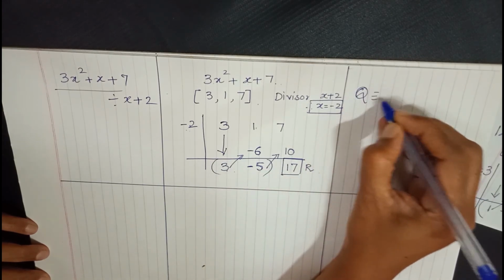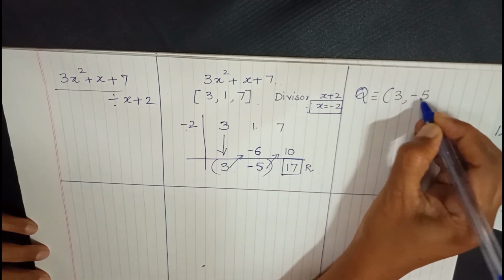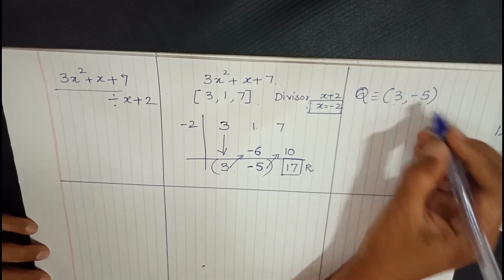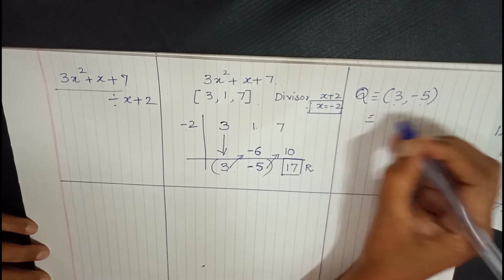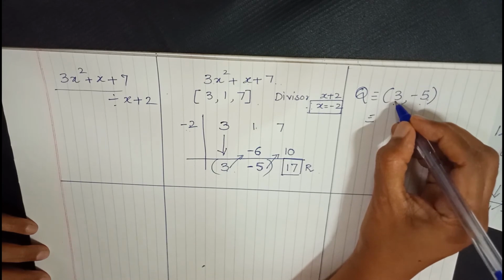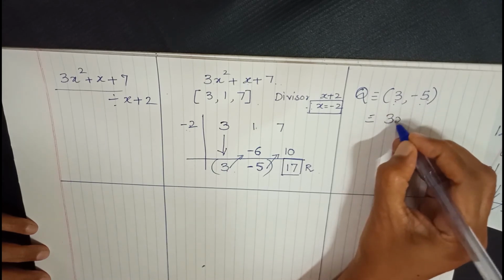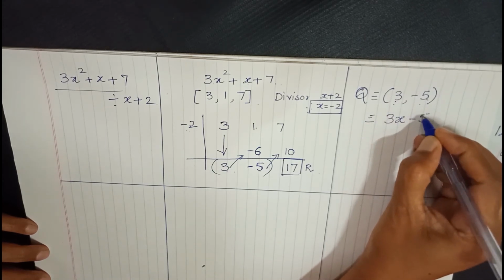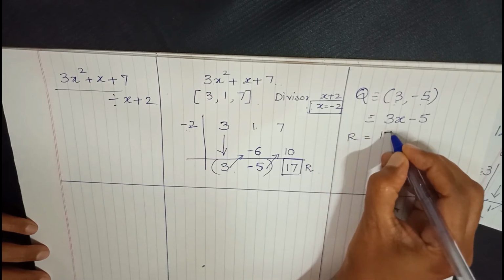So what did I get as the quotient? 3 comma minus 5. This is in the coefficient form. So let's convert it into the standard form. You know this is x raised to 0, this is x raised to 1. So 3x minus 5, and the remainder is 17.